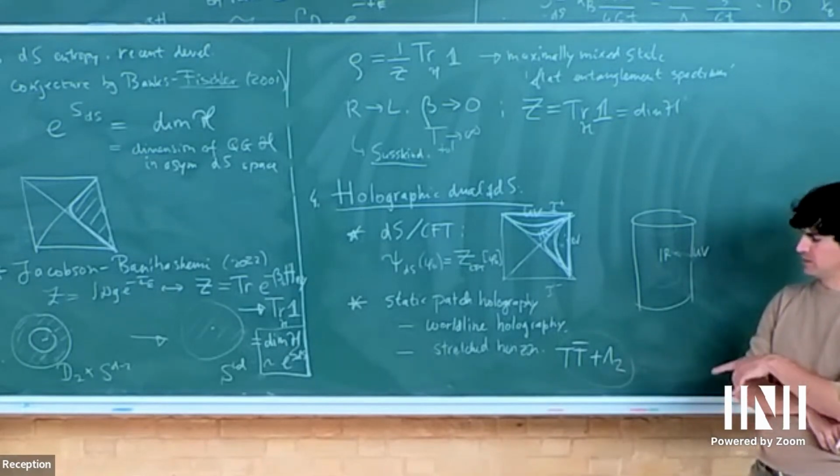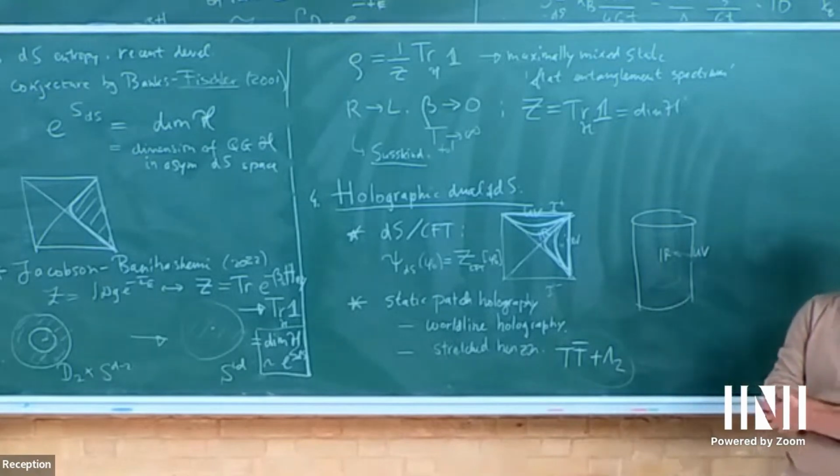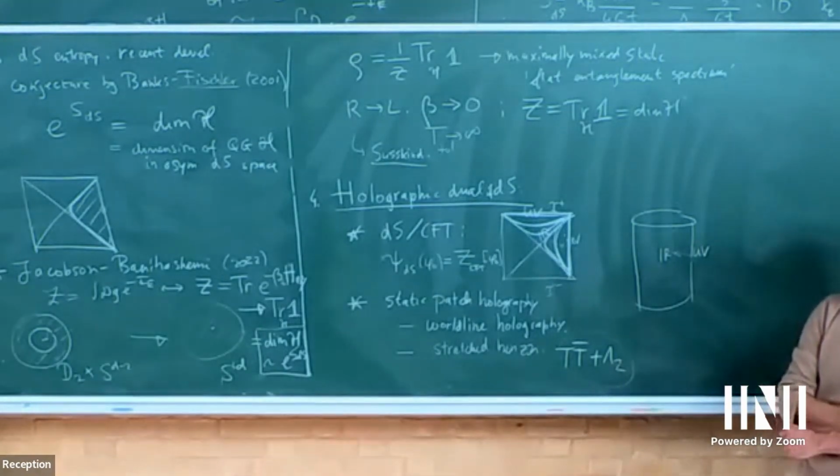And as I said before, dS2 is the near horizon limit of Nariai. But I don't think there is substantive evidence for this. But it's a recent proposal.